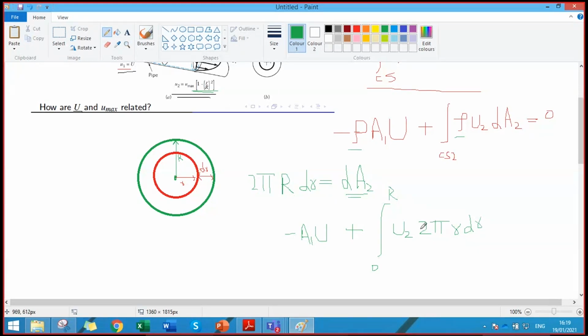Yes, sir. It's just a short mistake here. We should be writing it as 2 pi r, and this can go at maximum to capital R.